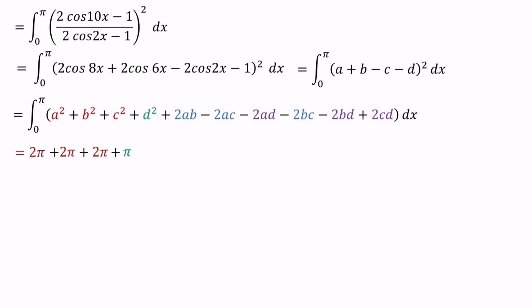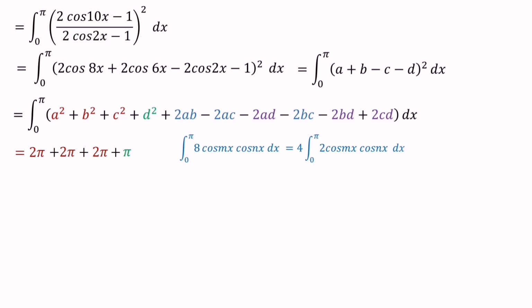To find the 2AB, 2AC and 2BC values, we can consider the integral from 0 to pi of 8 cos mx into cos nx. The 8 we can write as 4 times 2. Then we can bring 4 outside of the integral.